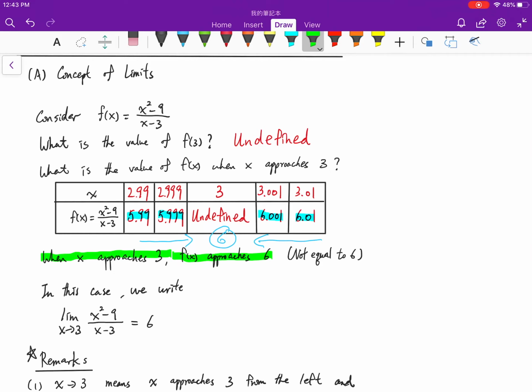Bear in mind, we just say approaches, but not equal to 6. So in this case, we write, when x approaches 3, the limit of this function is equal to 6.